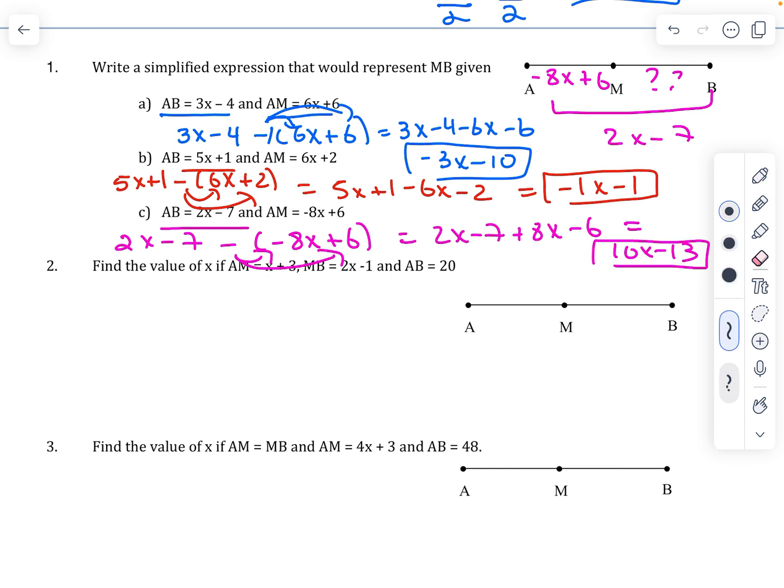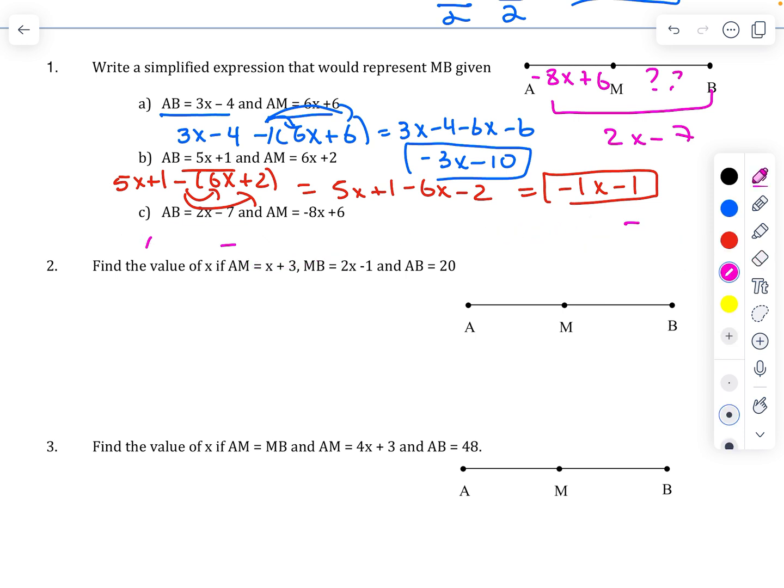Okay, let's try the next one. Same idea, start off by labeling your picture. It says AM is x plus 3, MB is 2x minus 1, and AB is 20. Notice on this problem, you're given all the pieces, the two little pieces and the big piece. So now we can set up an equation. On the previous problem, we were only given two, we were missing the other piece, so that's why you only got an expression.